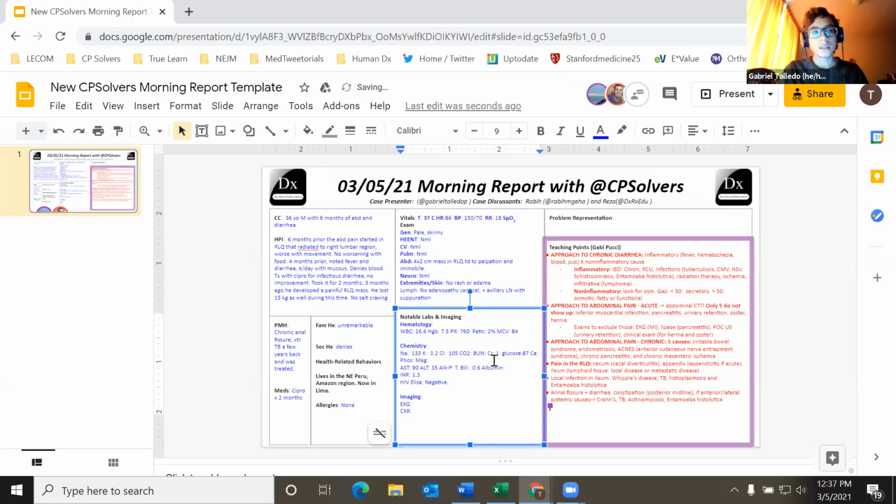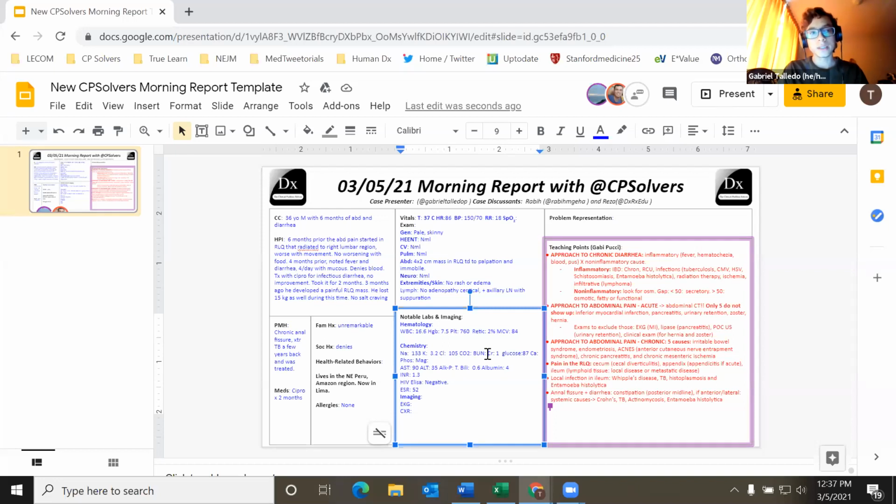I hope this is translated. Okay, erythrocyte sedimentation rate was 52, was elevated. Albumin 4. The urine labs were normal. I don't have it, sorry.